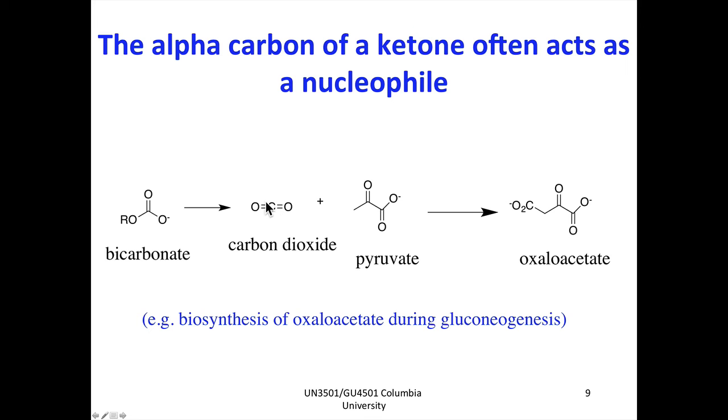The carbon is going to be the electrophilic atom. And that will put the carboxylate onto pyruvate. So we've made a new bond between what was previously the pyruvate alpha carbon and the carbon of carbon dioxide, the carboxylate. So this is now oxaloacetate. This is the way that oxaloacetate can be synthesized from pyruvate and bicarbonate.